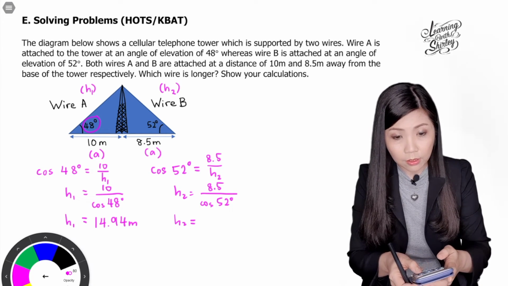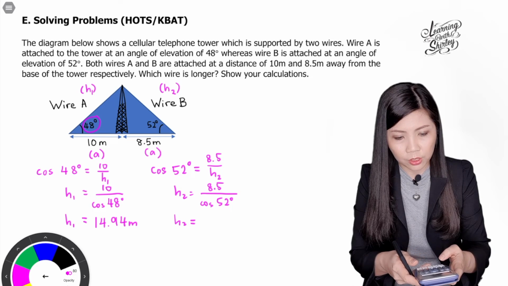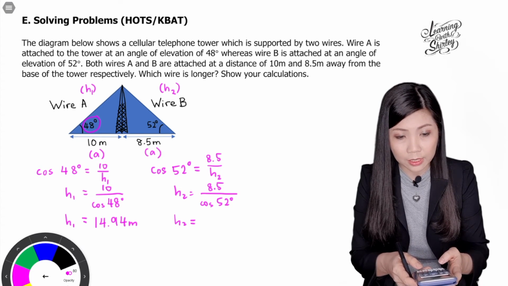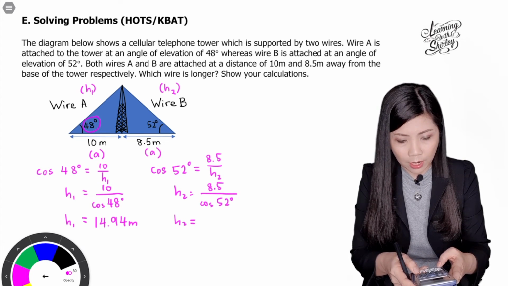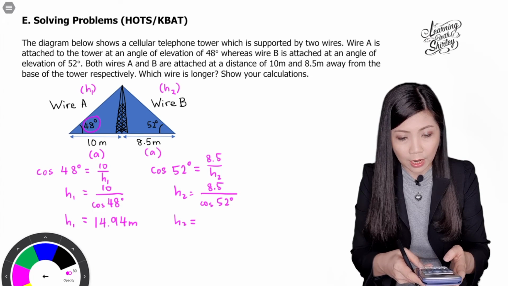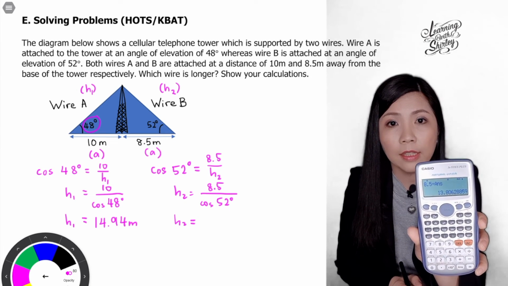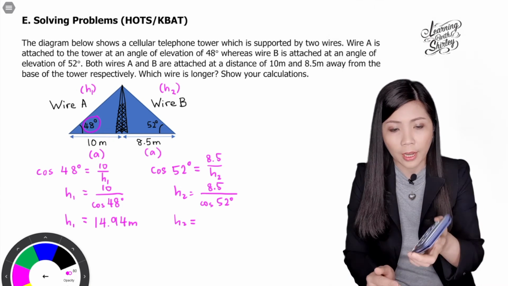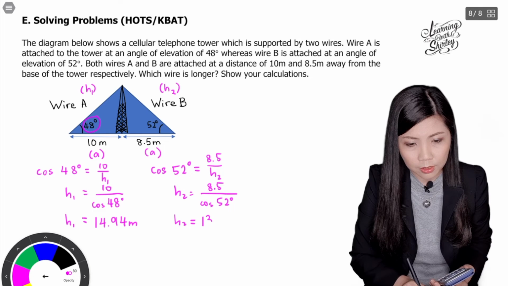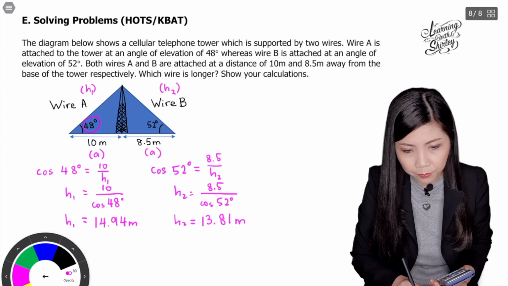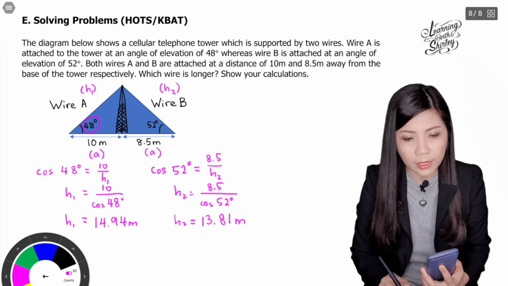I'm going to press cos 52, which is 0.61566 and so on. Then I'm going to use 8.5 divided by the answer. I will get 13.81 meters.